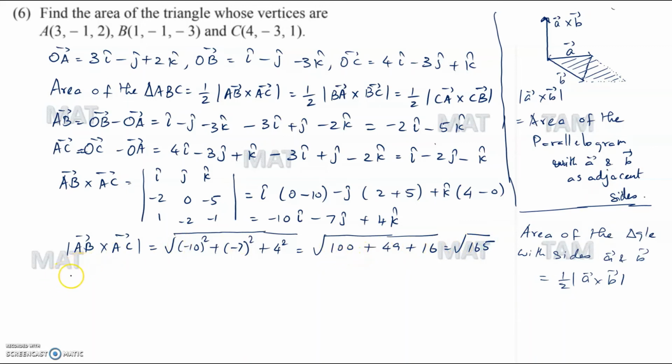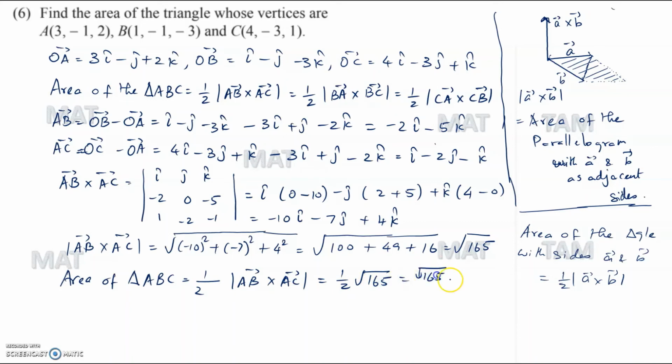So the area of triangle ABC is equal to half the magnitude of AB vector product with AC. So that's equal to half of square root of 165, which you can rewrite as square root of 165 divided by 2 square units.